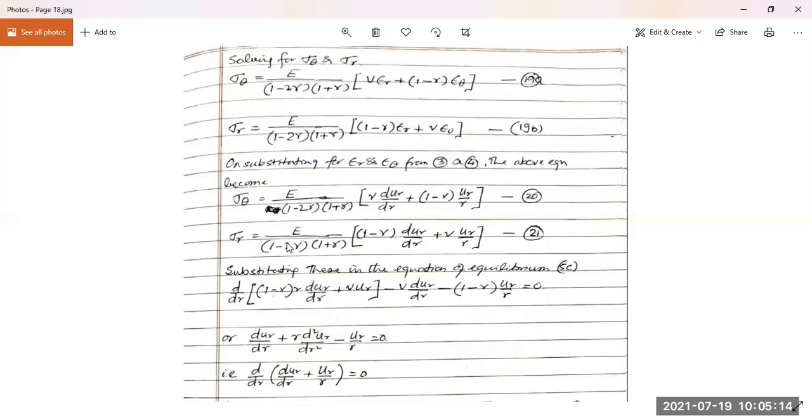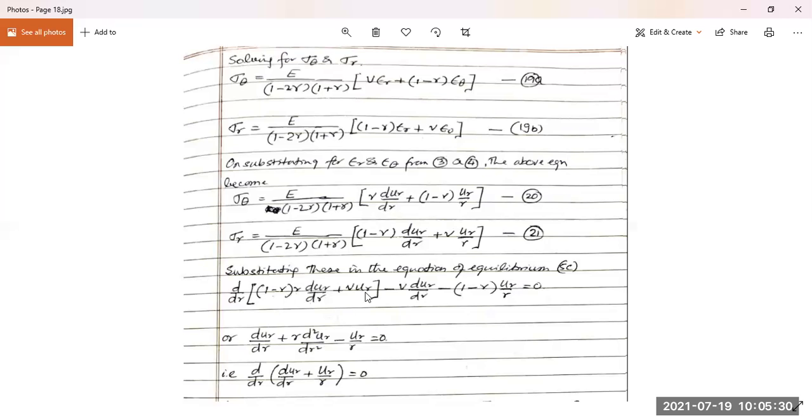This term is common to both sides. This E divided by (1 plus v)(1 minus 2v) is common to both sides, so it has become this.